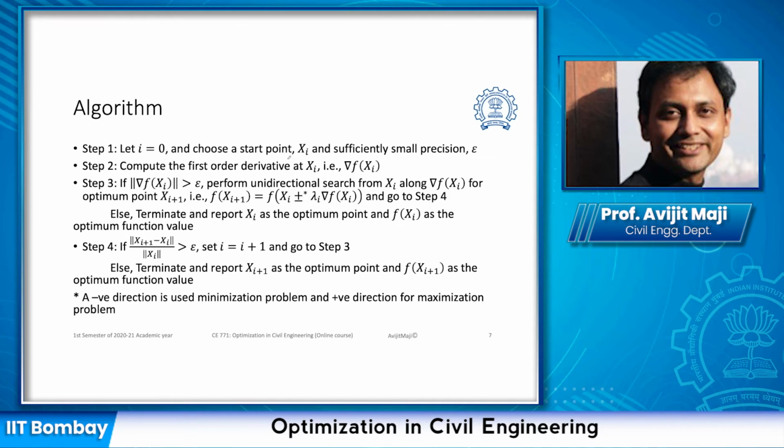In the very first step, we set the counter as 0, and then we choose a start point x0 and a sufficiently small precision value epsilon to ensure that we can terminate our algorithm. Once we know that point, we need to find the gradient at that particular point. For this reason, in the second step we take the first order derivative at that point.